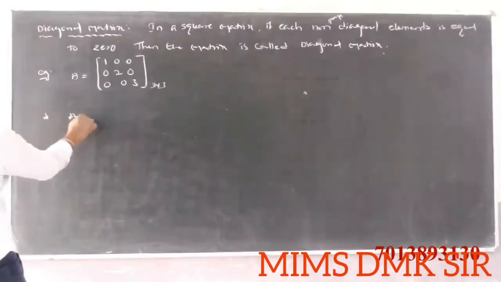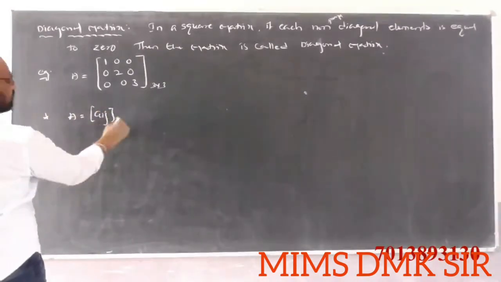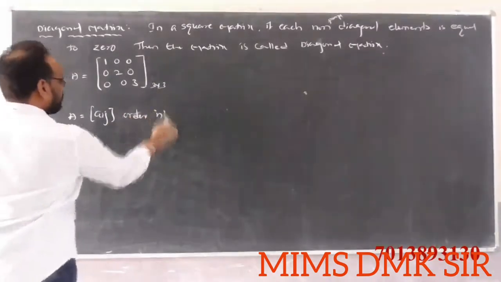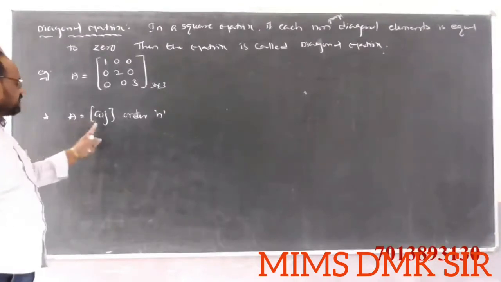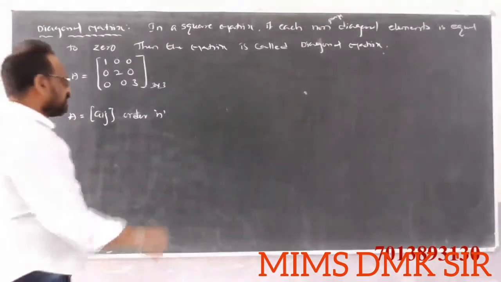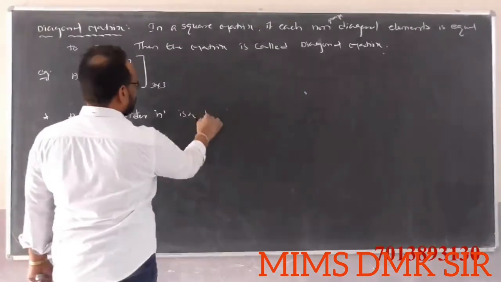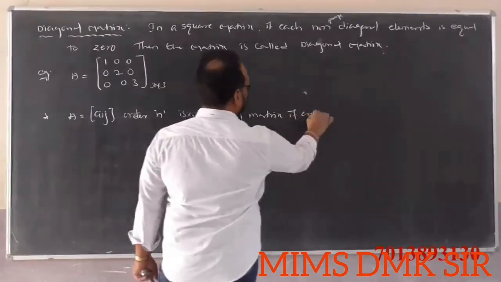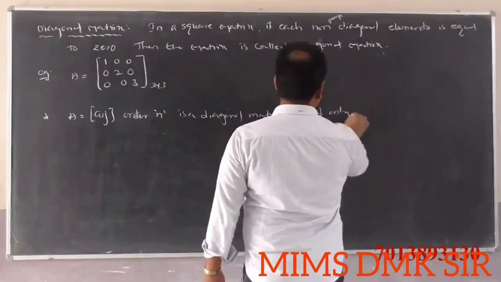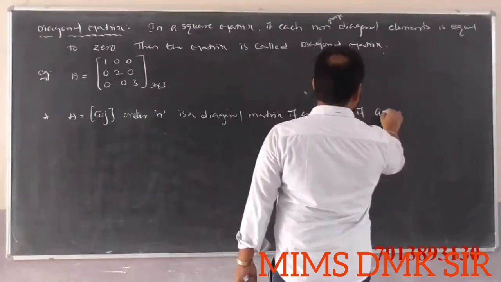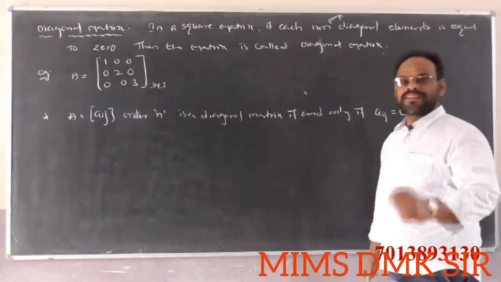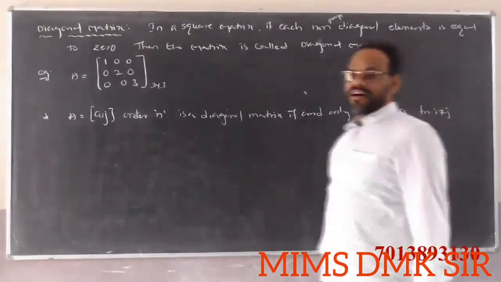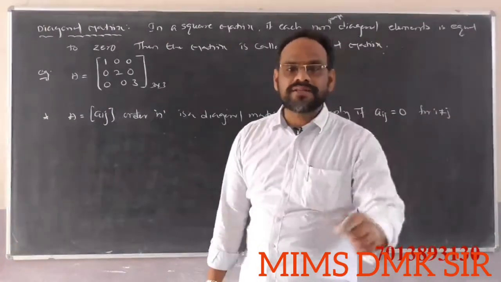Observe here, if a square matrix A of order n is a diagonal matrix if and only if a_ij is 0 for i not equal to j, then the element value becomes 0.